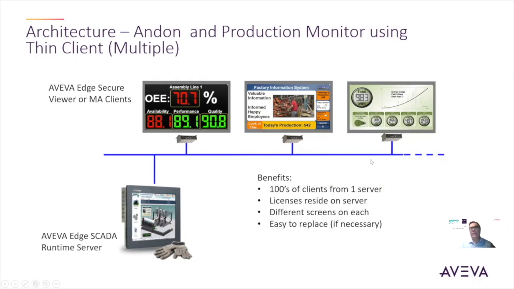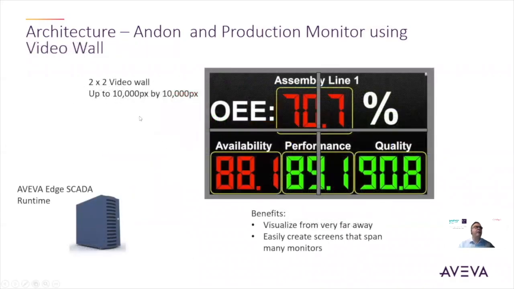Now, taking this idea and expanding upon it a little bit, is this type of application where you have a video wall with a multiple set of big screen TVs. In this case, I've got 4 TVs in a 2x2 matrix, and these could be 4K screens or 1080p screens, and it doesn't have to be a 2x2 matrix.